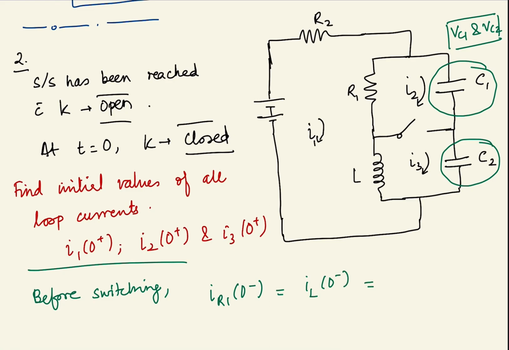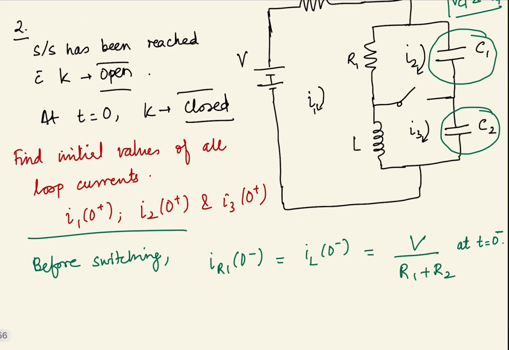And what will this current be? This will be the voltage V divided by R1 plus R2, since there is no other circuit element present. And on the side we'll write at t equal to 0 minus, that is before switching.